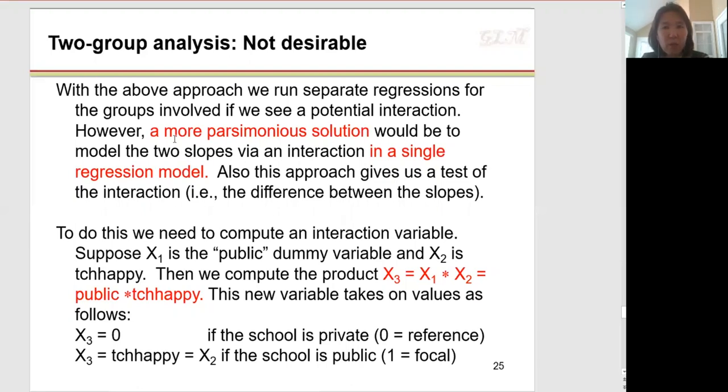So forget about the slides, page numbers 22, 23, 24, okay? With the above approach, we run separate regressions for the groups involved if we see a potential interaction. However, a more parsimonious solution would be to model two slopes via an interaction in a single regression model.